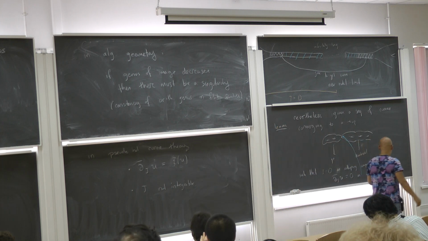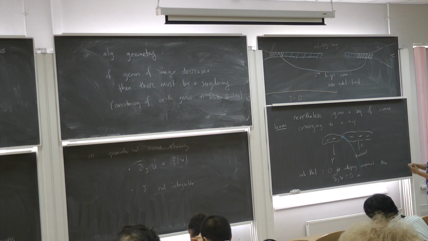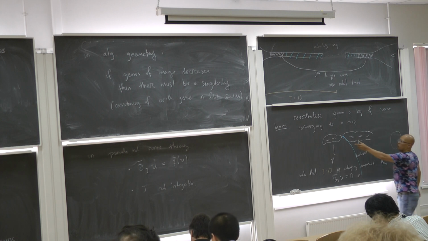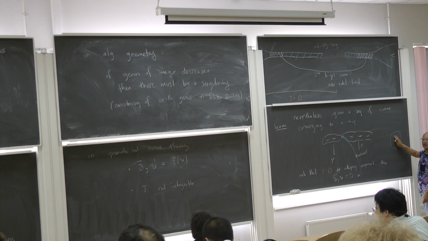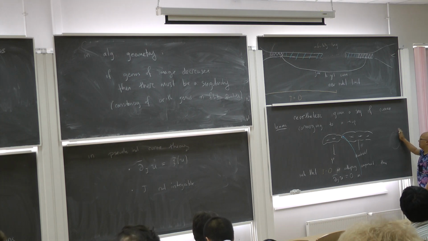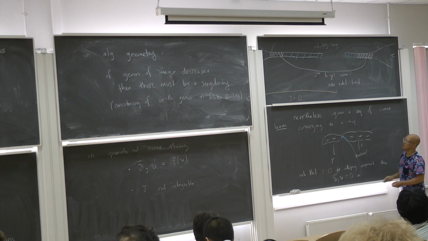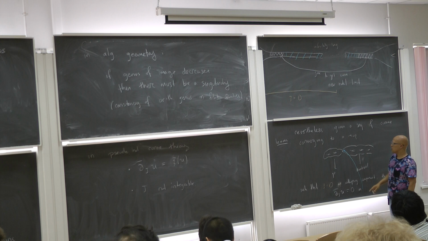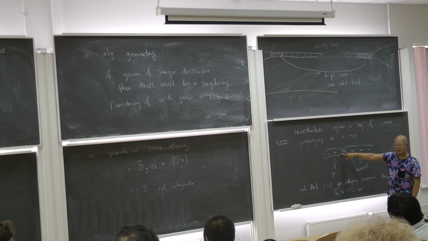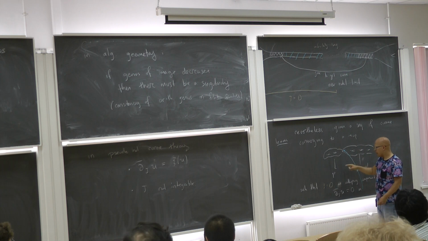Maybe I'll say one thing about the sort of idea of the proof. The idea is that you have this region where this curve is collapsing. Can you tell us what the lemma is before you... Yeah. The lemma is if you have a sequence of curves which converge to something that looks like this, or the domain is converging to this, the map is converging to something where this piece maps to a point.